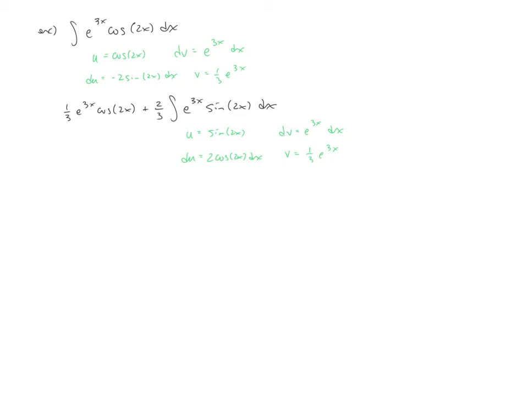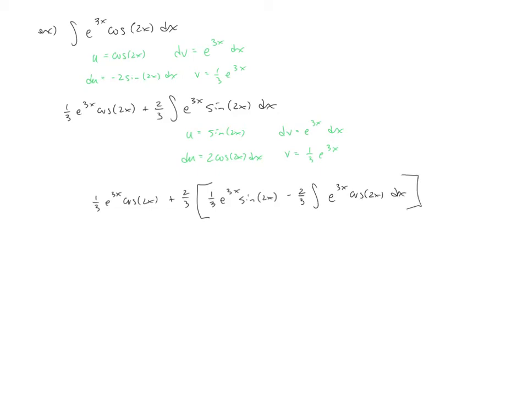So I've got my 1/3 e to the 3x cosine 2x, and then plus the 2/3. And like that last problem, I'm going to put that 2/3 all the way to the outside, and I'll worry about simplifying here in a bit. So then I have uv, so 1/3 e to the 3x sine 2x minus the integral of v du. So that's going to be a minus 2/3 integral e to the 3x cosine 2x dx.